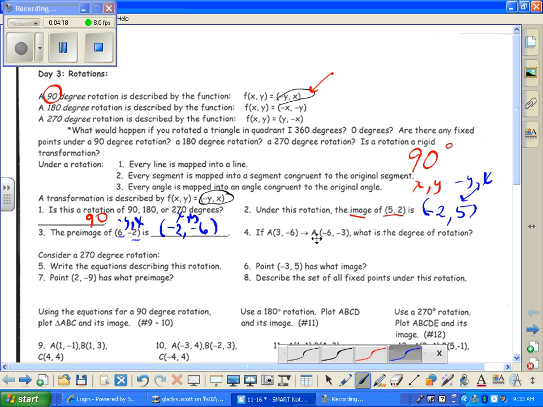Okay, looking at number 4. If (3, -6) maps to (-6, -3), what degree is that rotation? That rotation would be a 270. Why is it a 270? Because if you look here, it changed the order.